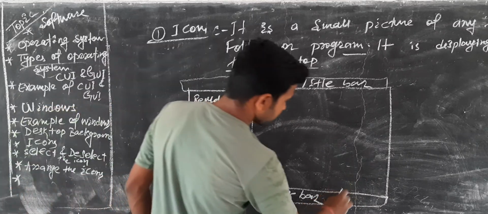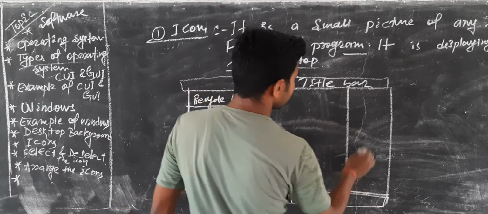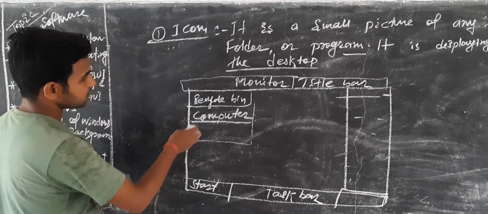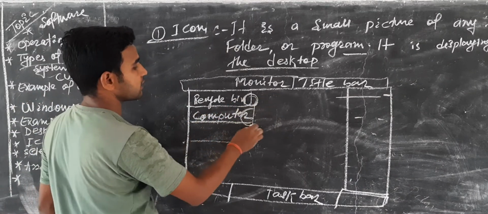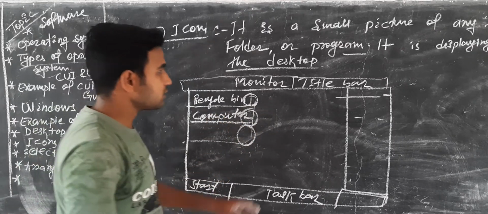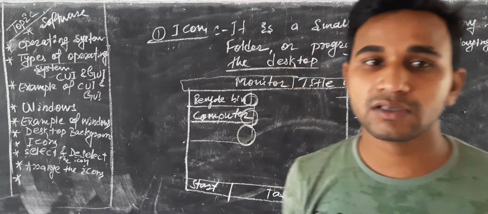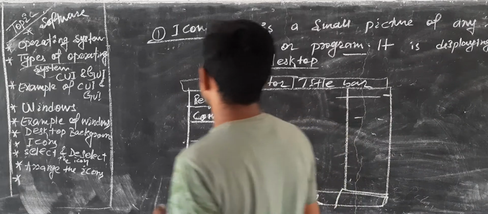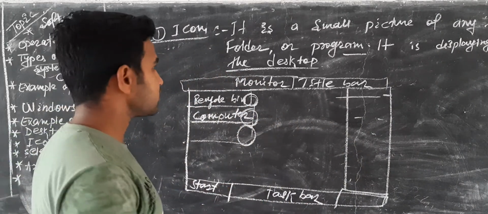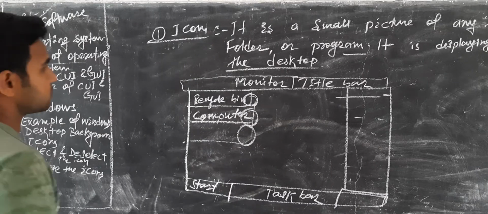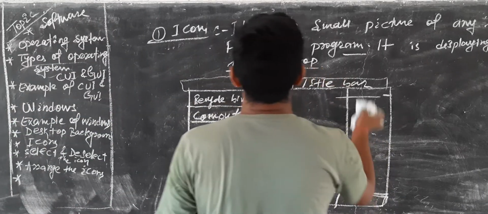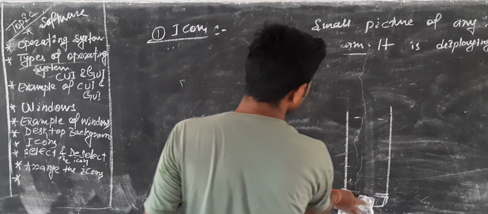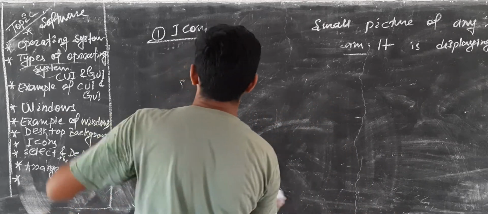Here on the right are the maximize, minimize, and close buttons. Here are all the icons, and which icons appear depends on the user. So an icon is a small picture that represents any file, folder, or program displayed on the desktop screen.